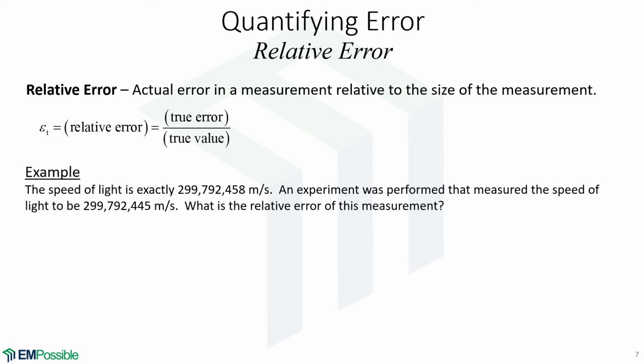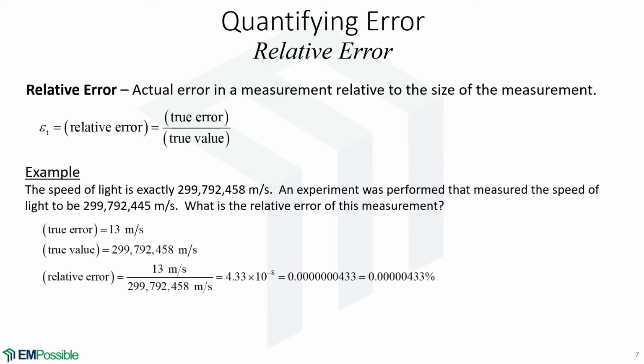So same thing again. We know the speed of light exactly. We measured it. We have the same 299,792,445. Now, what is the relative error in this measurement? Well, in the previous example, we calculated the true error, that was 13 meters per second. We will divide by the true value, and we get this 4.33 times 10 to the minus 8.